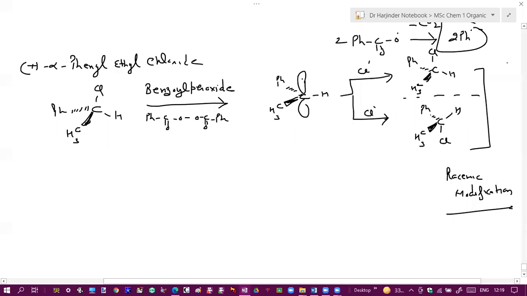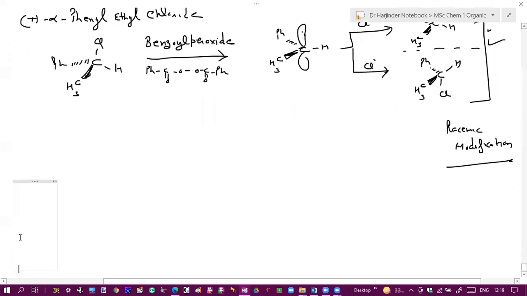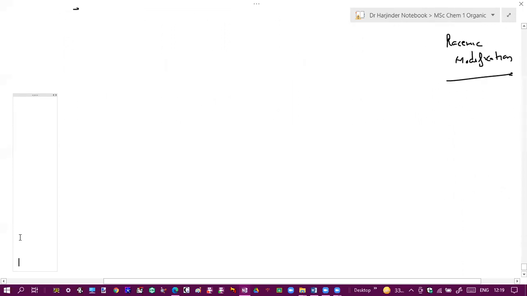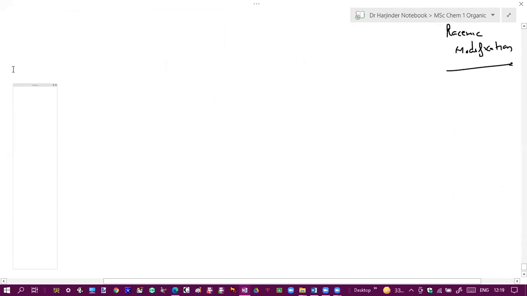Okay, so check yourself. So this was your process of modification, and apart from that, there's one other process which is called autoracemization. So what will be autoracemization?